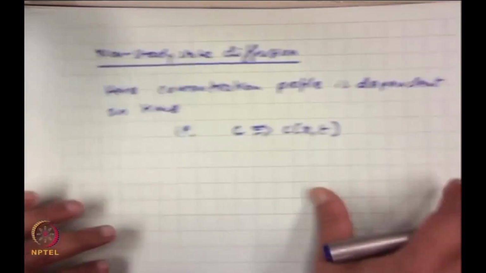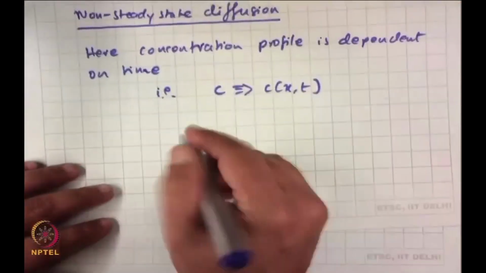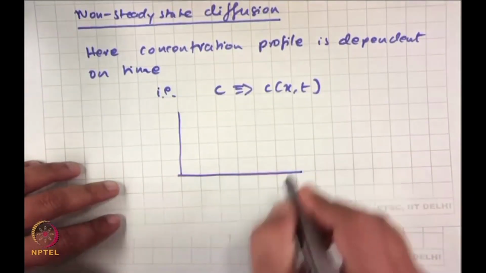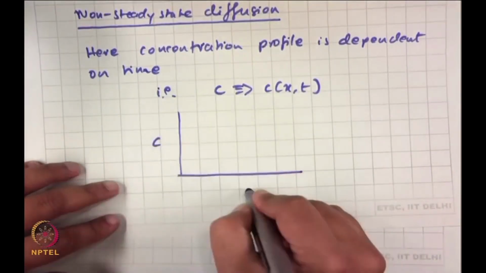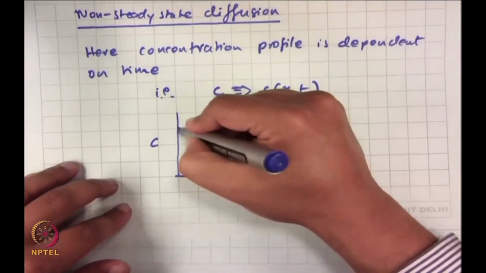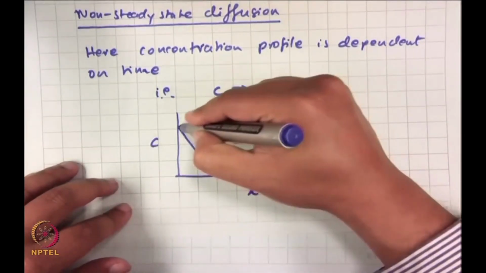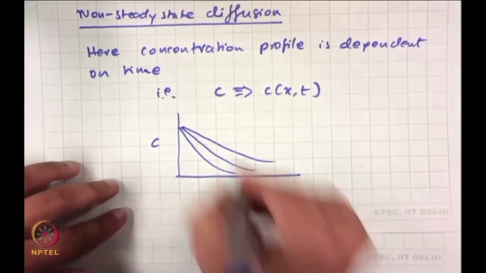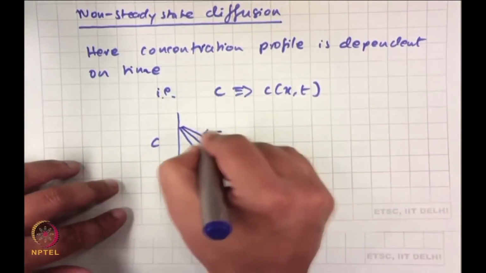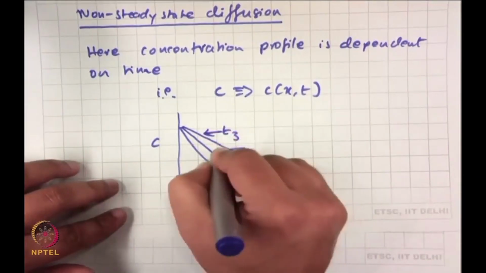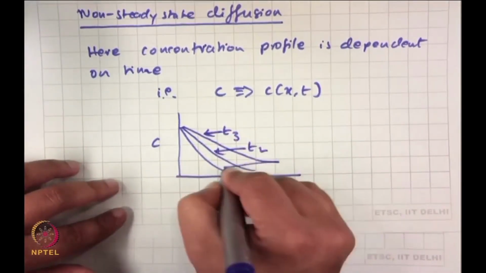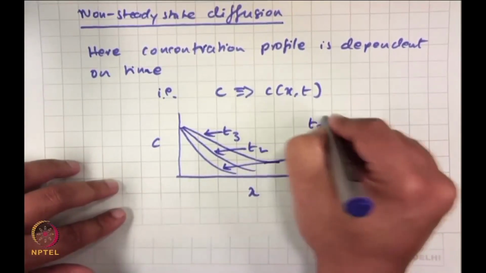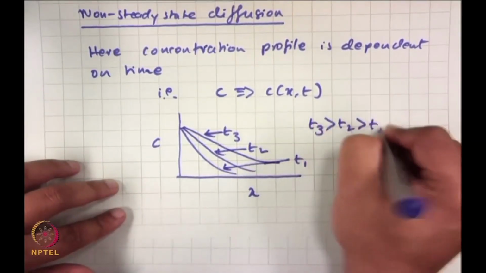So, then what it means is, again if you try to draw a schematic, say this is C, this is x, then I can have different situations. Okay. So, this is T3, this is T2, this is T1, say T3 greater than T2 greater than T1.